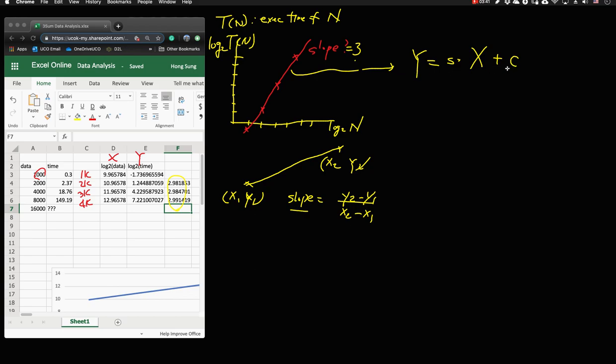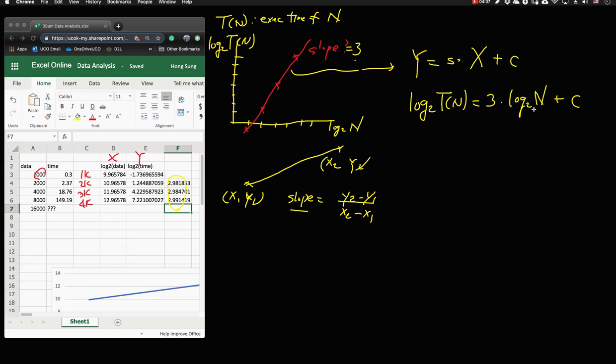That is a general equation of a linear graph. Then y is log2 of T(n), and slope is 3, and x is log2 of n, and then some offset. So that is the representation of the graph.